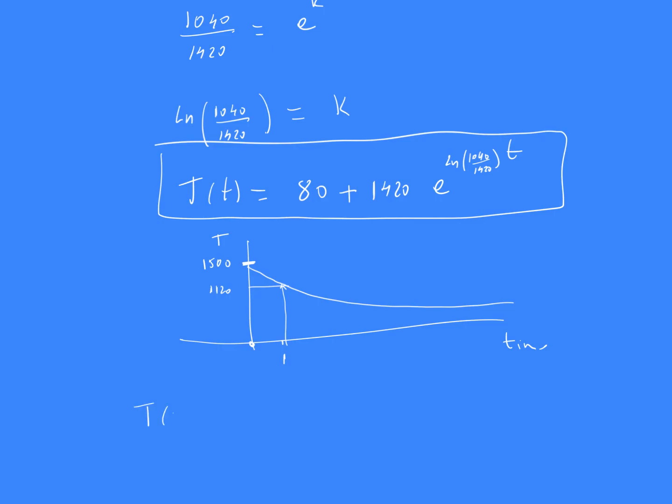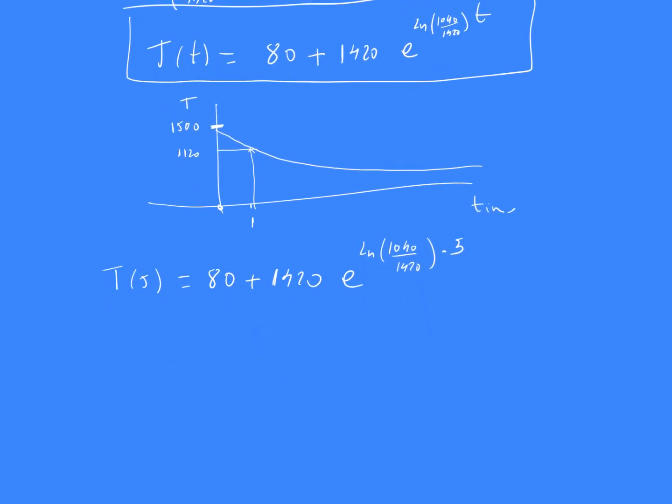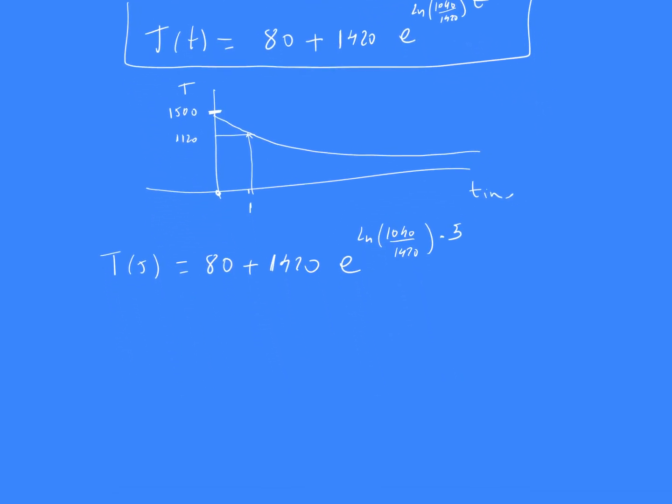T of 5 will be 80 plus 1420 e to the natural log of 1040 divided by 1420, multiplied by 5. So this is equal to 80 plus 1420 e to the natural log of 1040 divided by 1420.